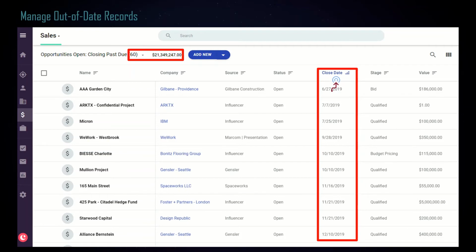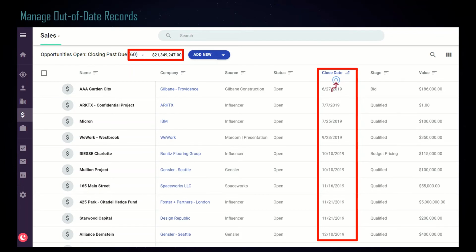This is a client, and just going in and running a simple filter in the opportunity records database inside their CRM system, I was able to identify they had more than 60 individual opportunity records that were actually open, that were more than about a year old or close to it, and that represented, according to the dollar values that they had assigned to those opportunity records, over $21 million in business.